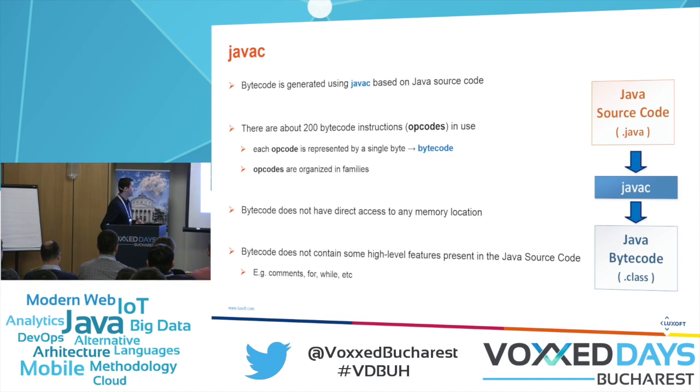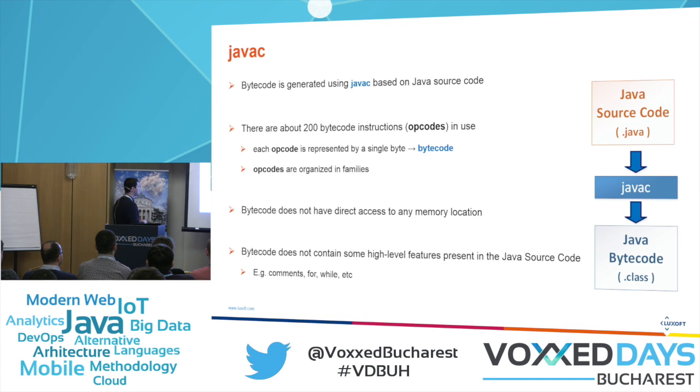At the bytecode level, there are a lot of opcodes. And each opcode is stored in a byte. That's why it is called bytecode, because the opcodes are handled by a single byte. And these opcodes are organized in families. We'll have a bit of detail later on about the opcode families.